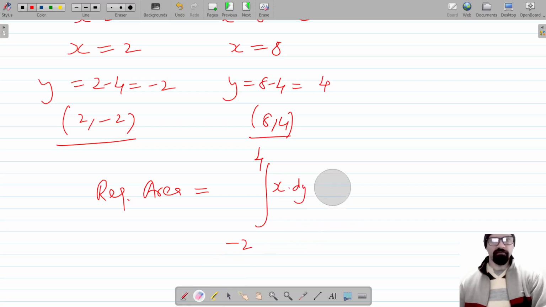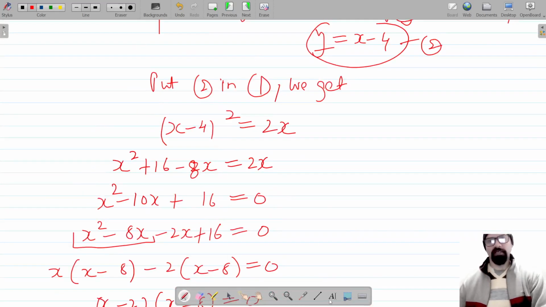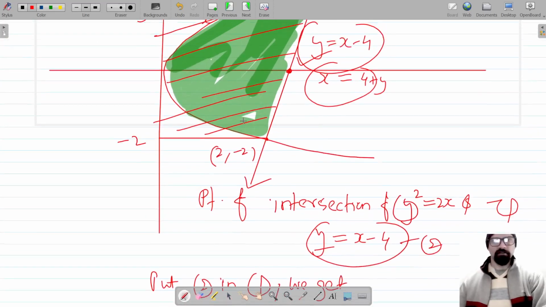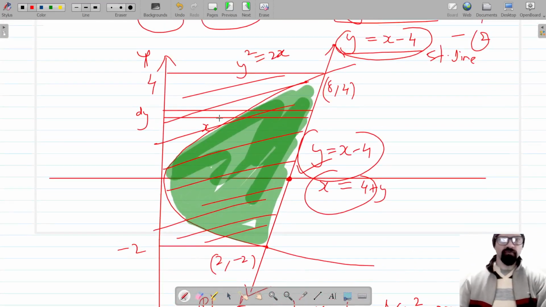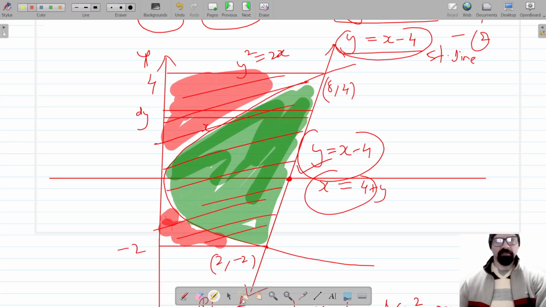And from this area, we have to subtract the area under the parabola. The area under the parabola would be this region. We have to subtract this region, and this comes under the parabola.